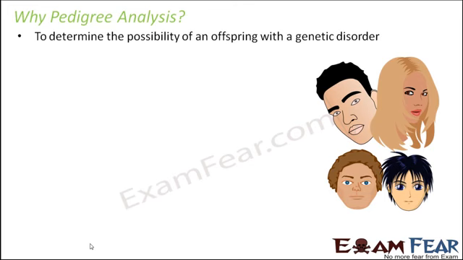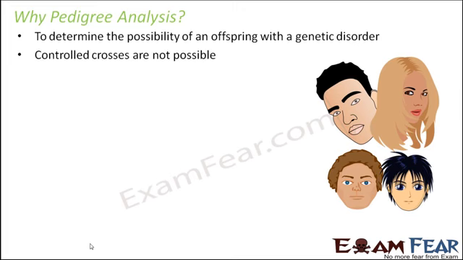To determine the possibility of an offspring with a genetic disorder. As I said, if you study the way the traits are being inherited from one generation to the next in a family, it becomes easier to track if there is a possibility of genetic disorder in an offspring. So if you know it beforehand, some preventive measures can be taken. So that is one advantage.